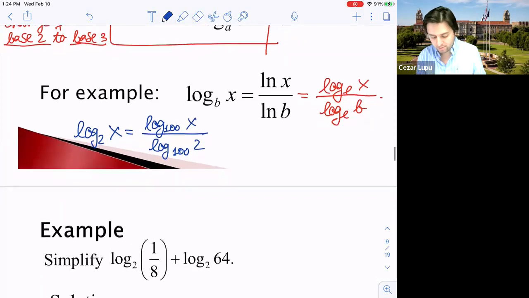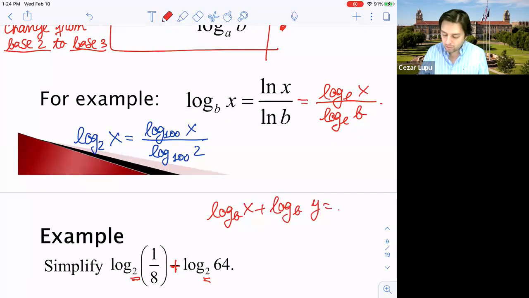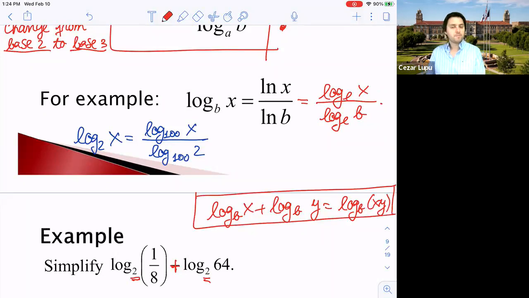We have the same base here, and we add the logs. Remember, log in base b of x plus log in base b of y is log in base b of x times y. So that's what we learned.